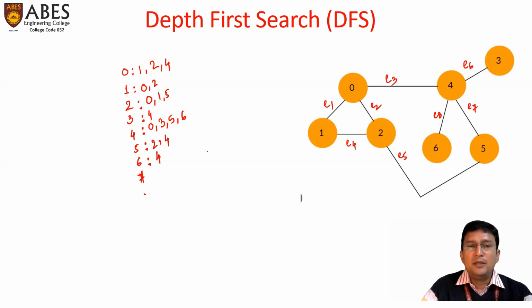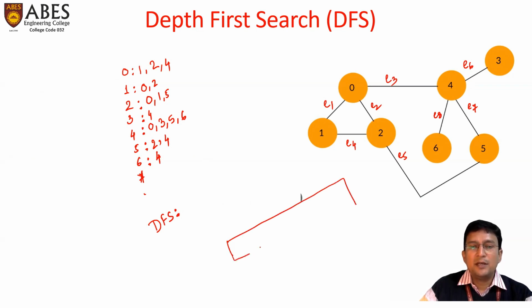Now for performing the depth first search, we will first pick the first vertex that comes in the sequence. Here the first vertex in the sequence is 0. So I make a status vector, and that status vector will let me know the status of each vertex.